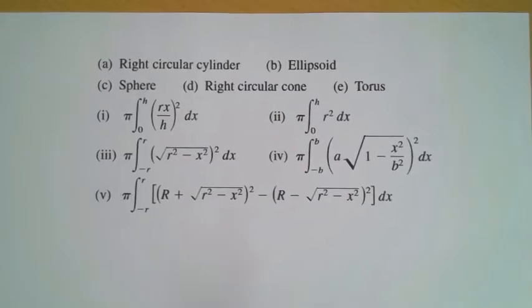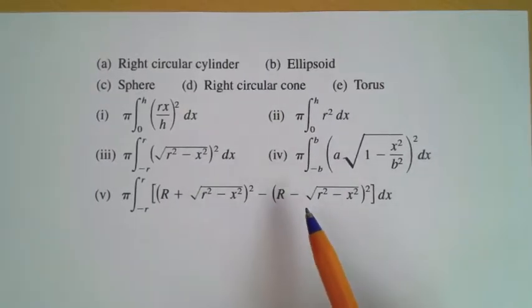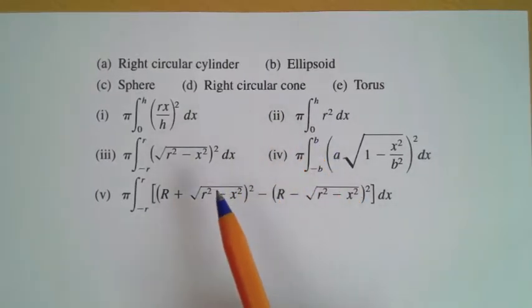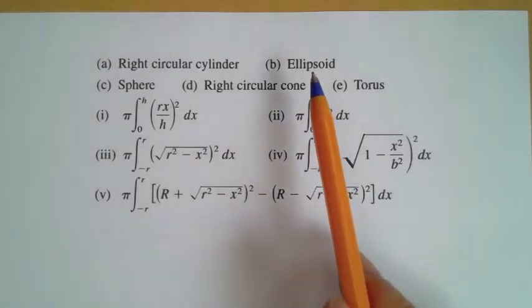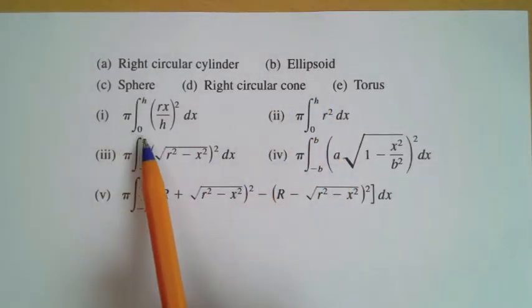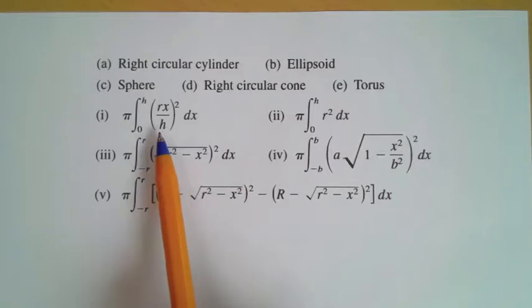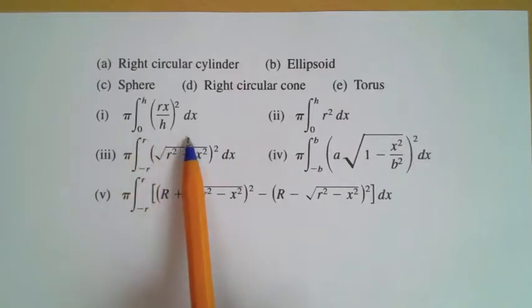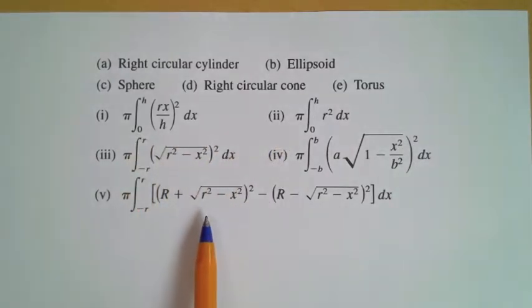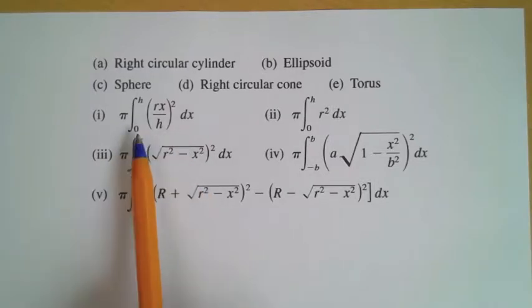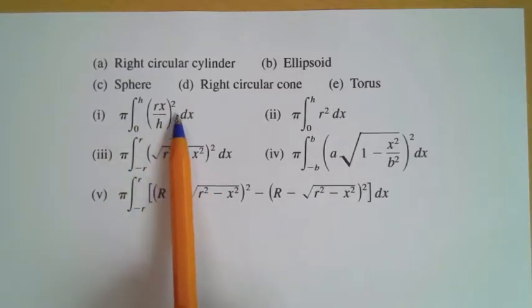I think when I see an exercise like that, it's easier to go from the expression to the solid, because I know a little bit how to work with that. First of all, when I look at these, they all have the same aspect: it's always pi times something squared.